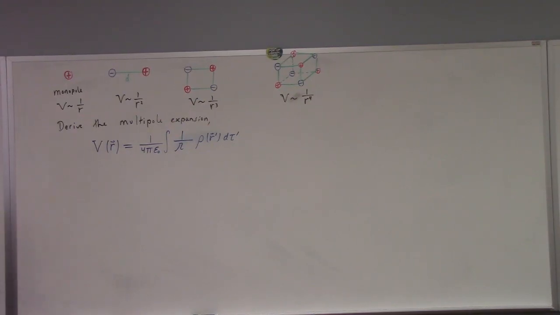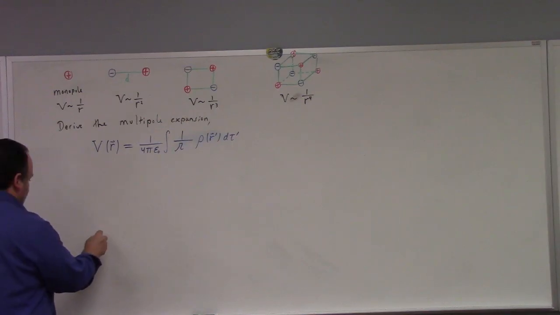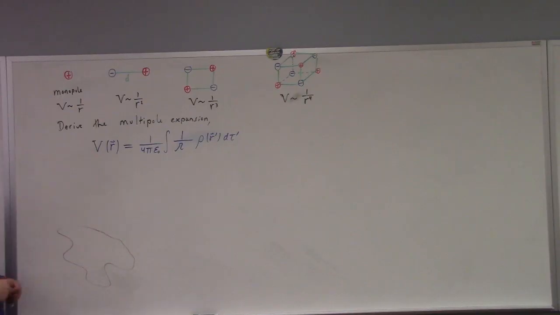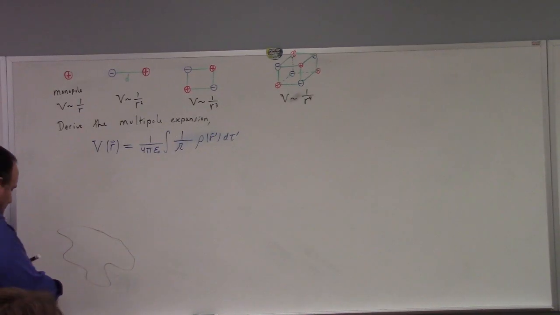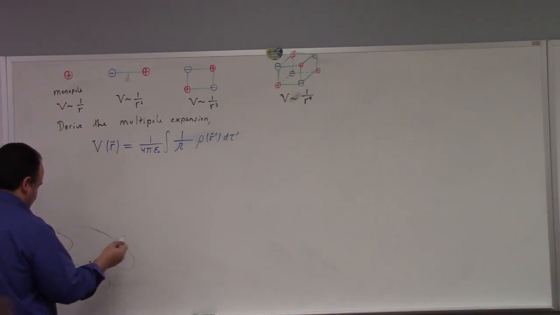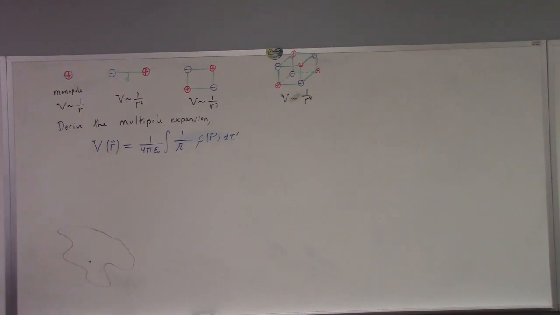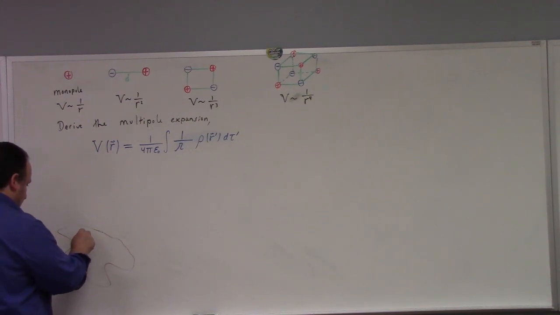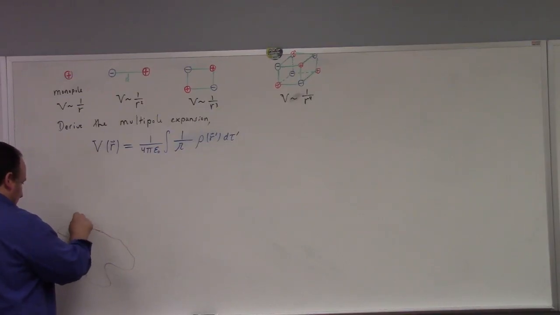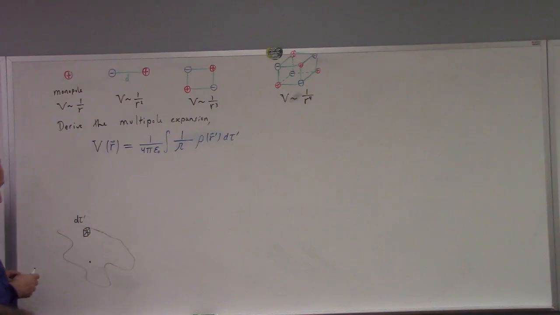And so, all right, well, let me try to picture what's going on here. So here's the blob. My charge is down here, all right? And for the sake of visualization, we'll put the origin within the blob. It doesn't have to be, but whatever. I want to think about a wee bitty d tau prime, where my little bit of charge is.